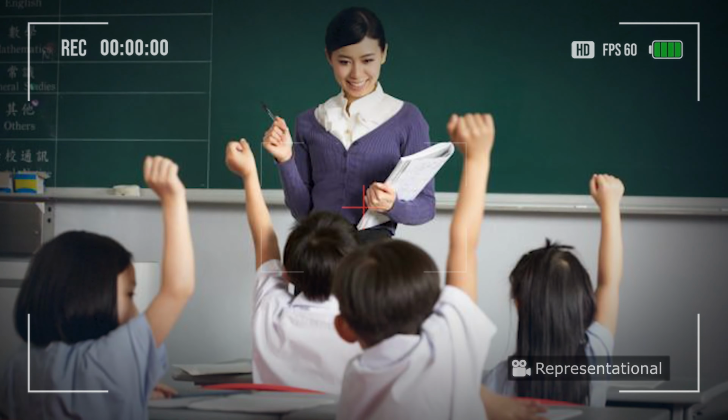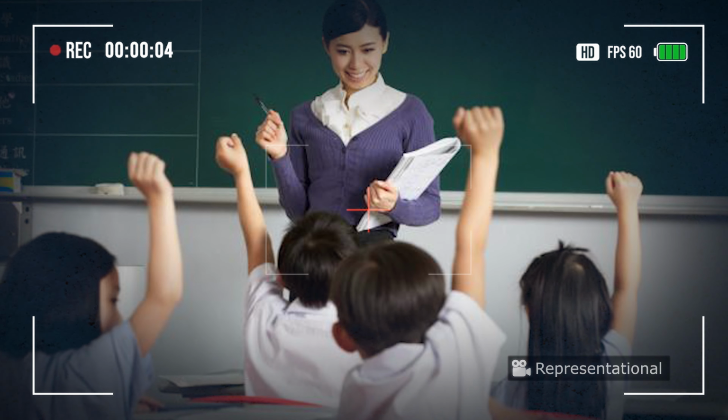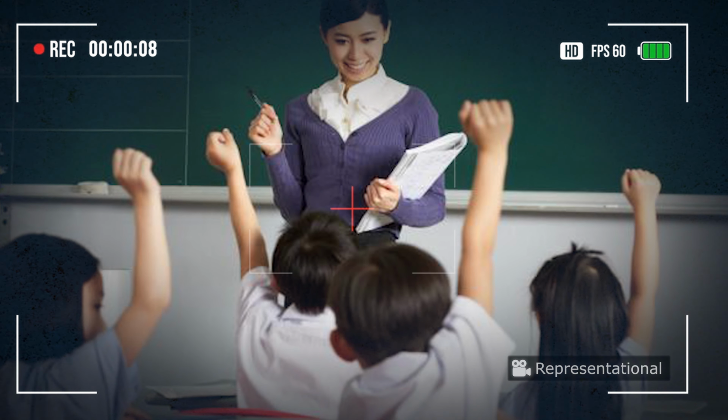You need to make it fun yet controlled. So the question is, how can you control a class which doesn't know you? These kids do not know whether you're fun, whether you're strict, how you react. They can't read your facial expression yet. So what you can do, the most important thing, is to use a reward system. If you don't have a reward system set up in this class, which I assume nobody has, right?